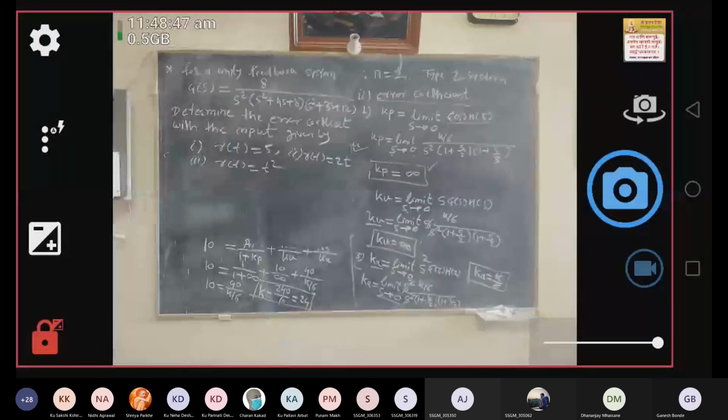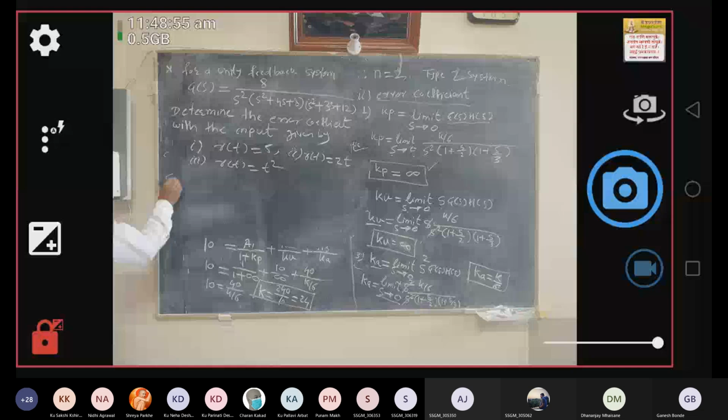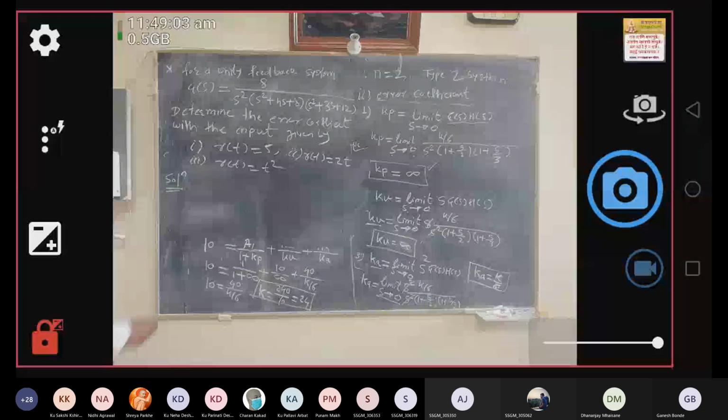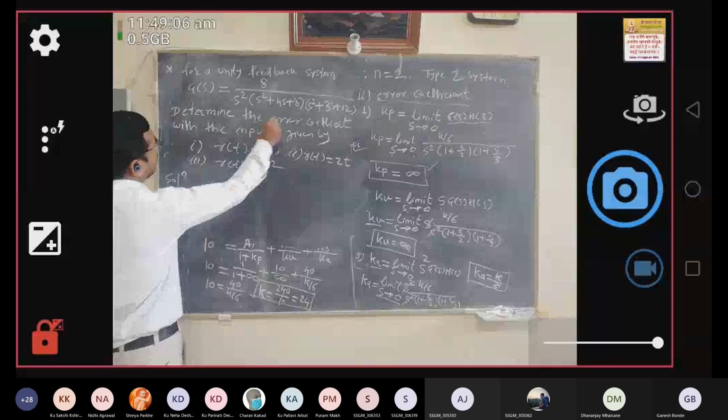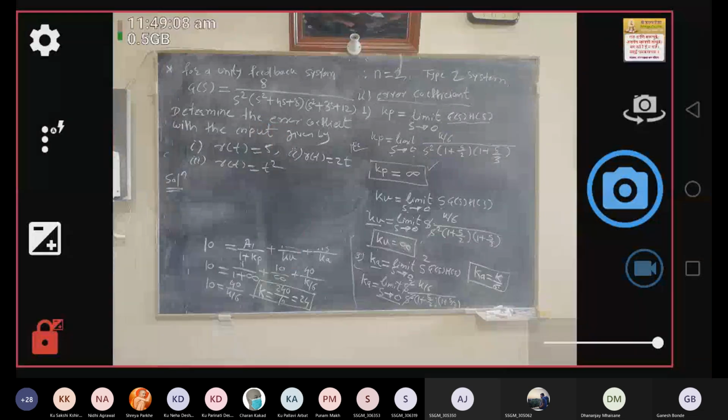To try to solve this, first of all, read the problem carefully, and then try to solve it. So what do we have to find? We have to find the value of the error coefficient with the input given by.